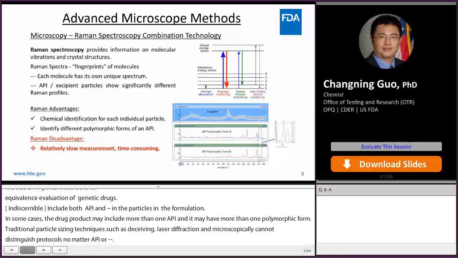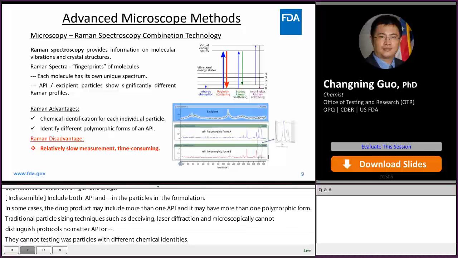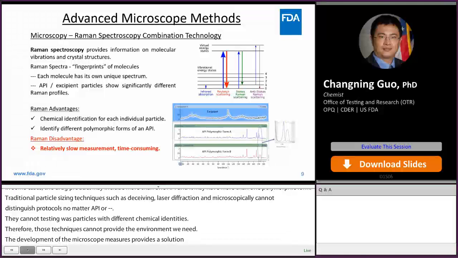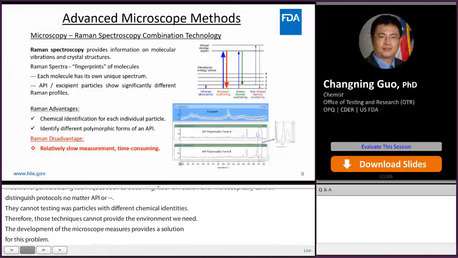In recent years, development of advanced microscope methods provides a solution for this problem. Most advanced microscope methods use Raman and microscopy combination technology. If you are not familiar with Raman spectroscopy, Raman provides information on molecular vibrations and crystal structures.